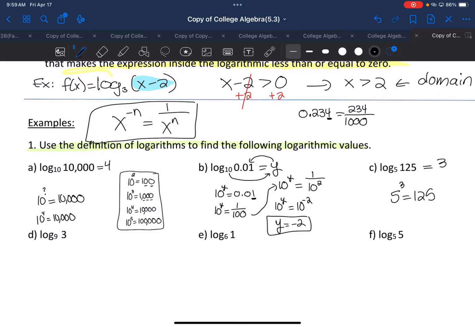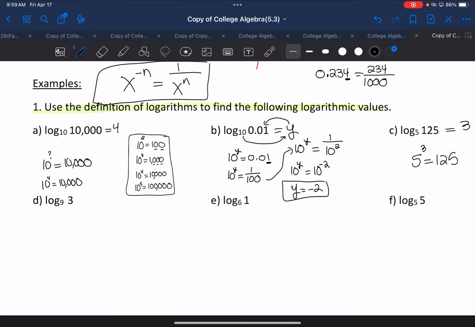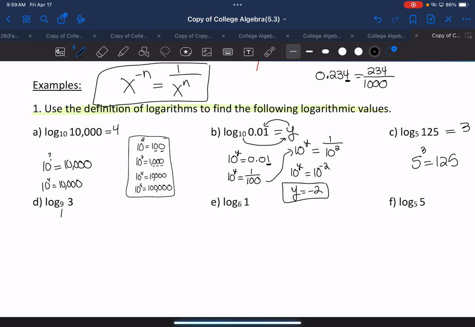D is also a little bit trickier. So D is saying, what do I need to raise 9 to get it to be 3? Well, now we're getting smaller, right? And this is not a decimal, so how do we figure that out? Well, I'm going to do the same thing. I'll set this equal to y, and then I will transform it to its exponential form.